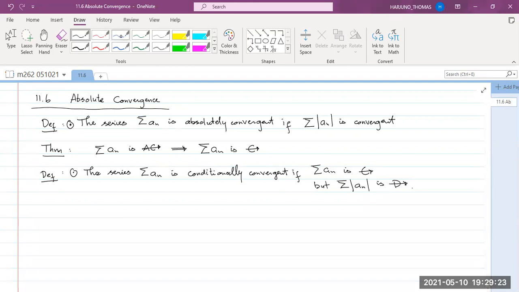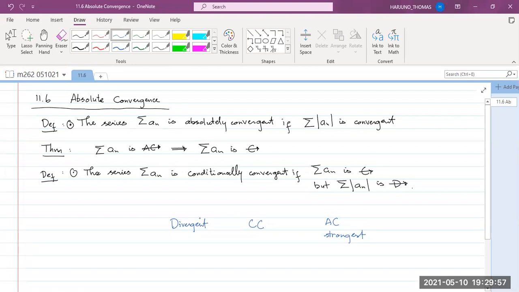Okay, you can think of it this way. Absolute convergence is the strongest convergence possible. Conditionally convergent is in between, and divergent, of course. So conditionally convergent is in the middle.